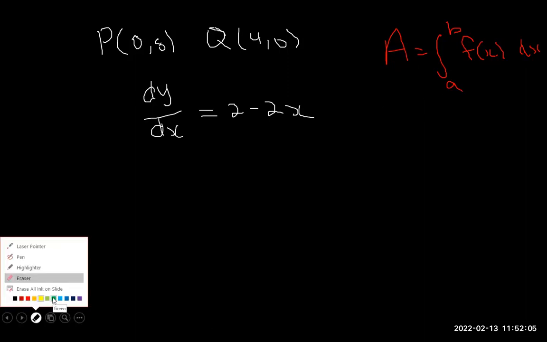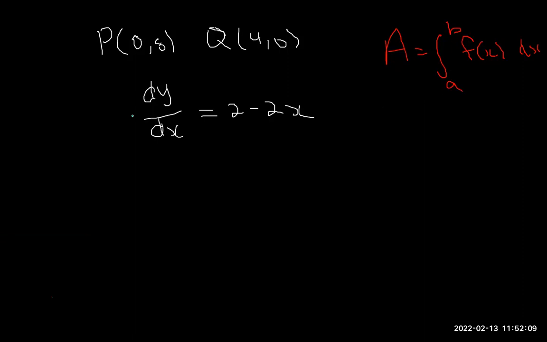So, knowing that, when we are doing application of indefinite integration, we had to integrate the gradient function. Same thing we're doing. We need to integrate this, 2 minus 2x. That is the only way we're going to get the equation of the curve.